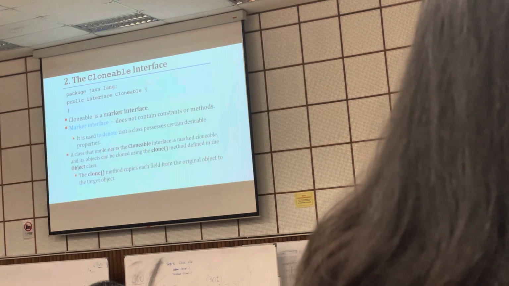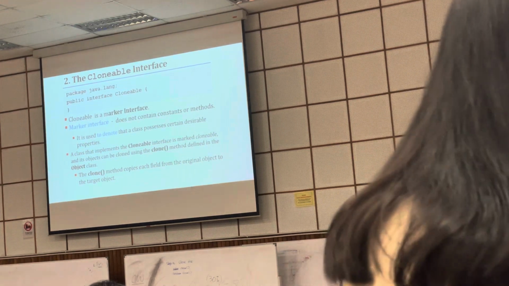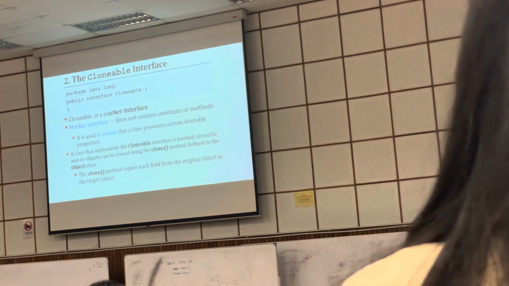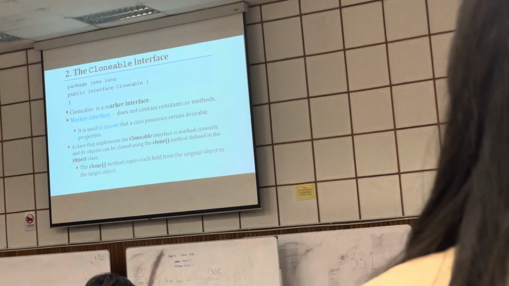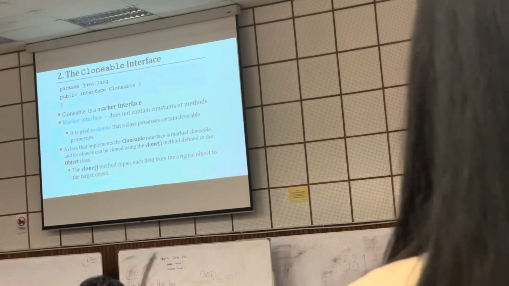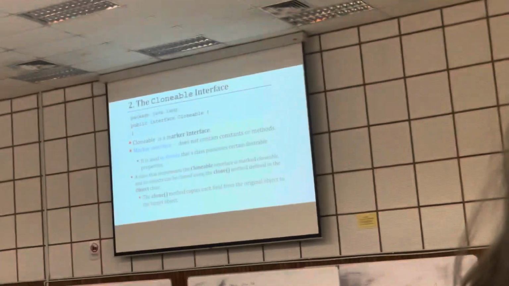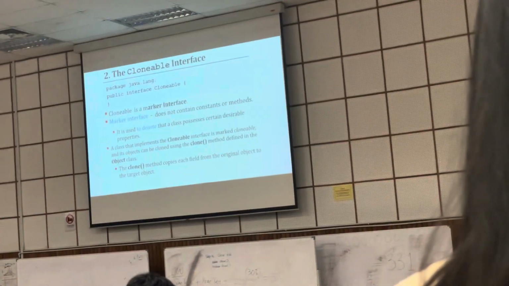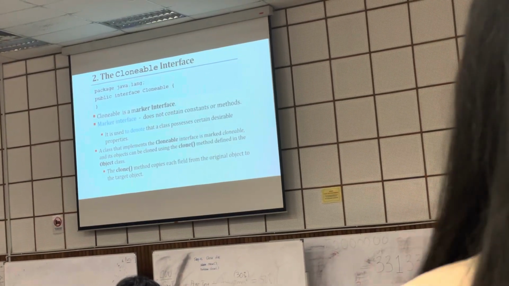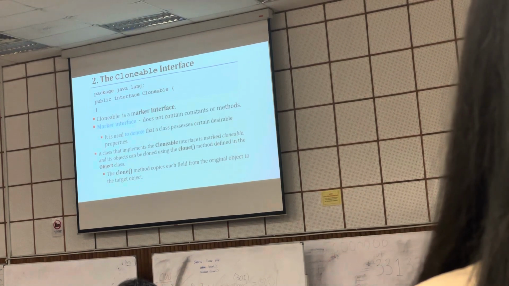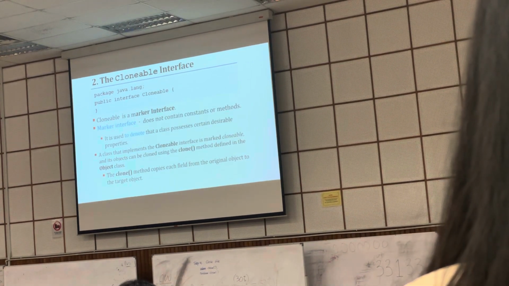So the other day we already went through this Cloneable interface, but I haven't shown an example. We learned that Cloneable is a marker interface. What is a marker interface? An interface which doesn't have any constants and also no methods. That means the interface is actually empty.